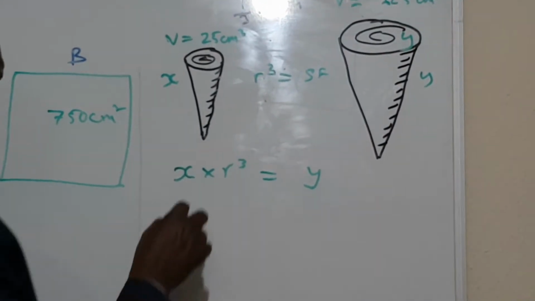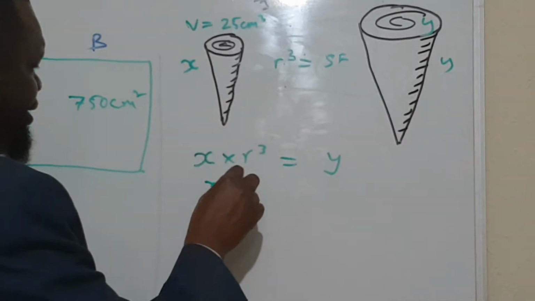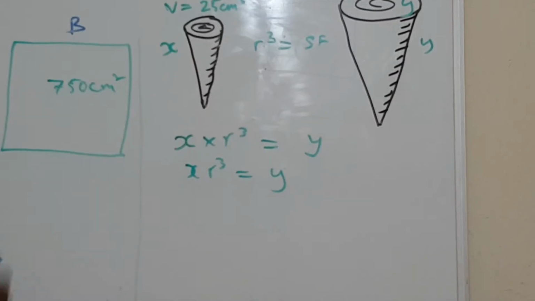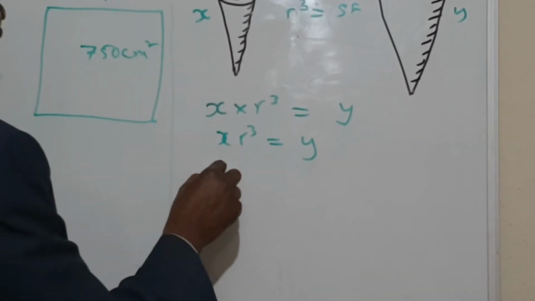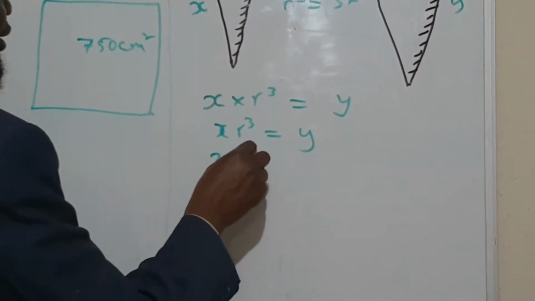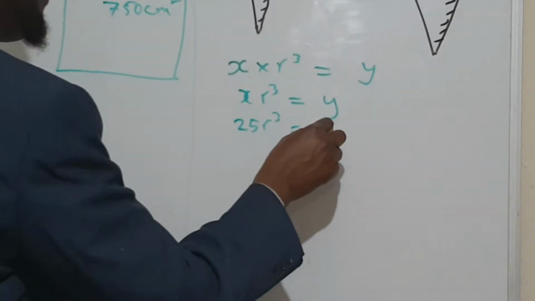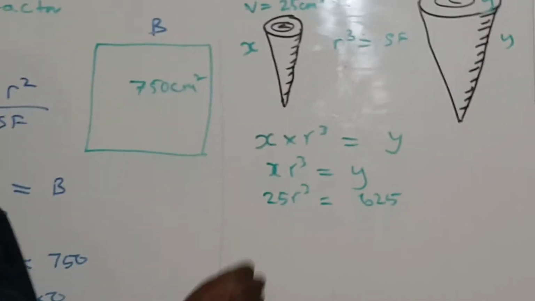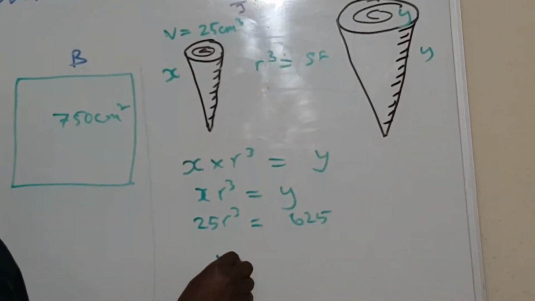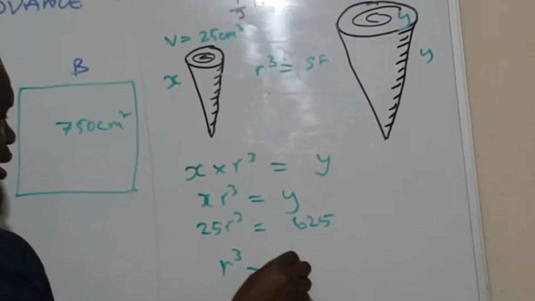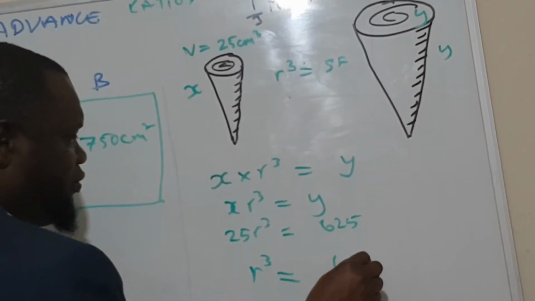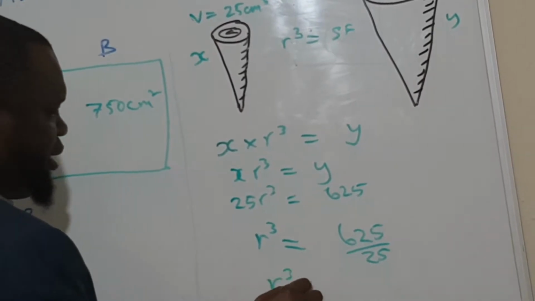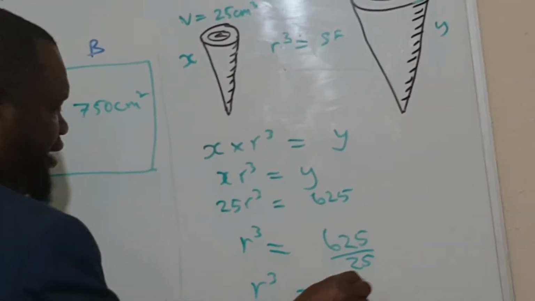So XR cubed is equal to Y. Now let's put our figures in there. 25 R cubed is equal to 625. Therefore, R cubed is equal to 625 divided by 25, so R cubed is equal to 125.